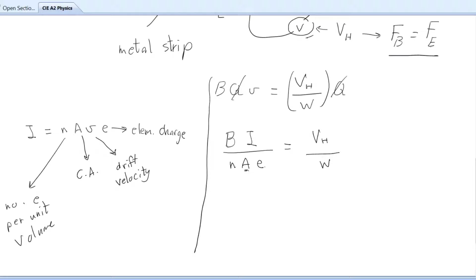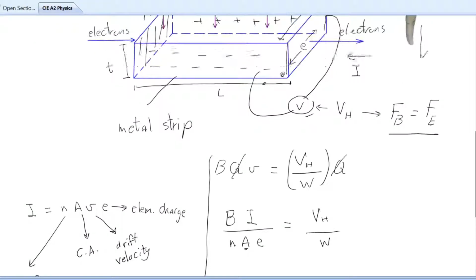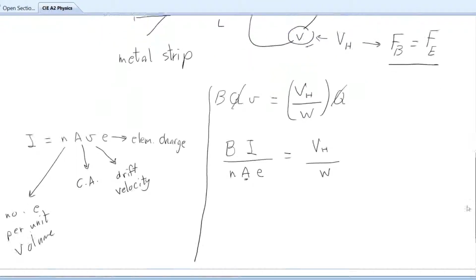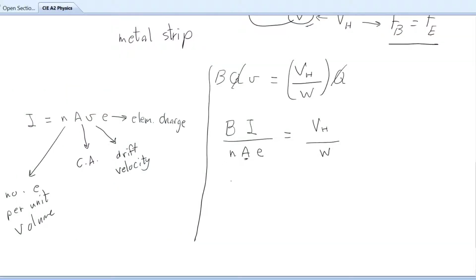But the area here is equal to W by T. This area is equal to the width of the strip multiplied by the thickness of the strip. So you can rewrite this equation as BI over NWTE equal to the Hall voltage over W. You'll find that W is cancelled out.